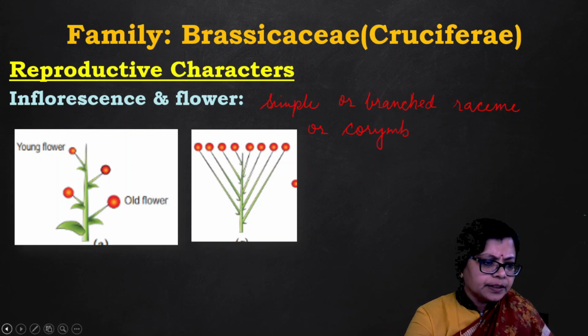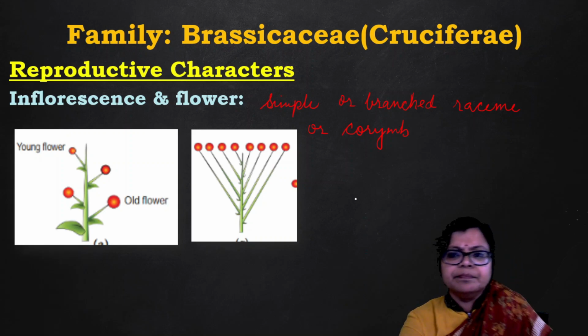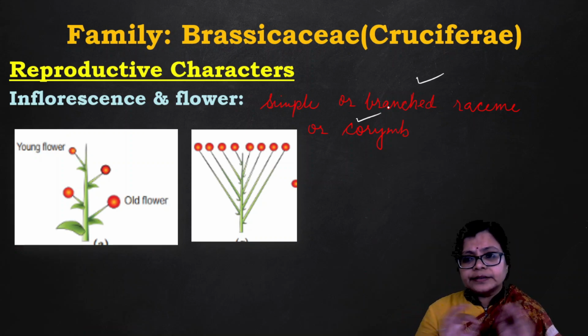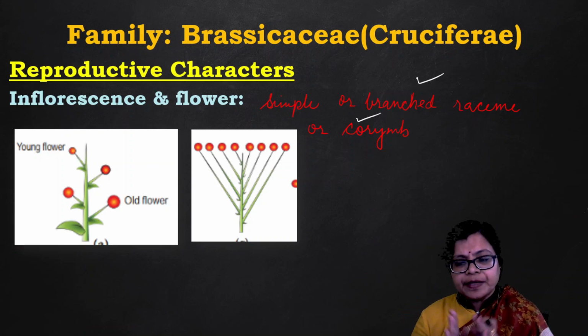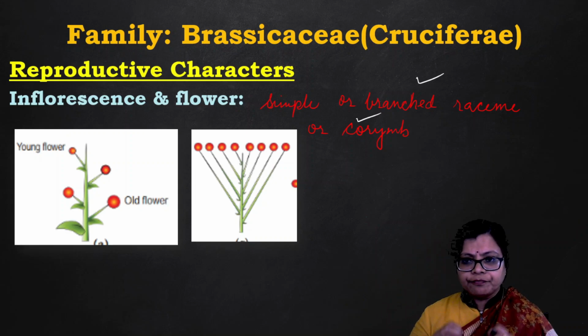Now the question that what is corymb and what is raceme? Both of them are the types of racemose, that means indefinite growth of the inflorescence stalk, and the flowers develop.